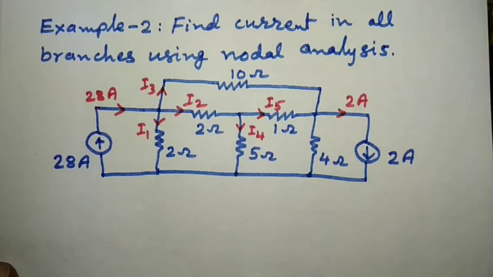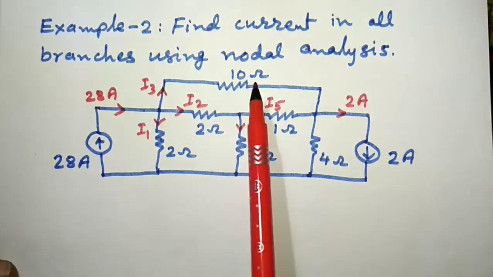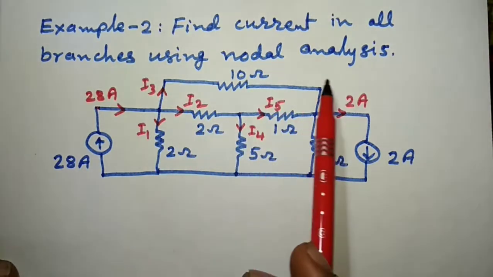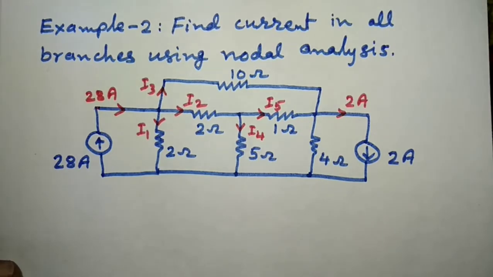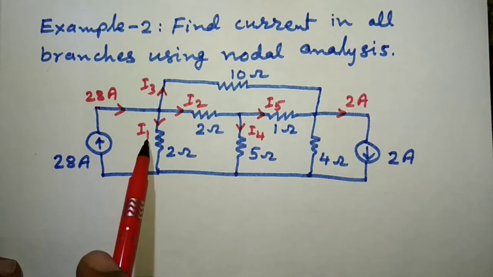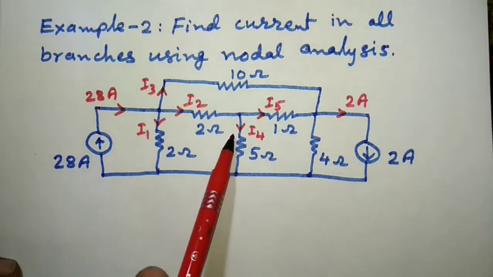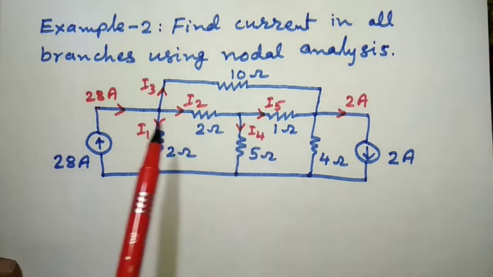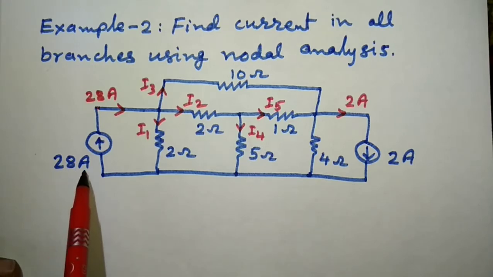Now in the second question, in the given circuit, find the current in all the branches using nodal analysis. So here I have mentioned the current in different branches: I1, I2, I3, I4, I5. Here it is 28 ampere current source.